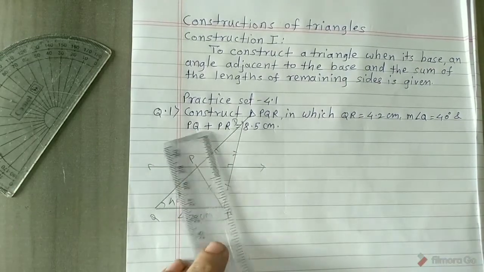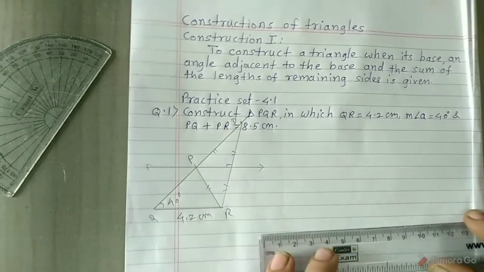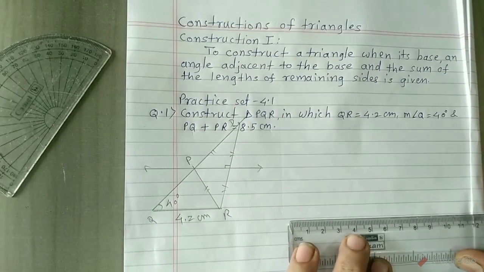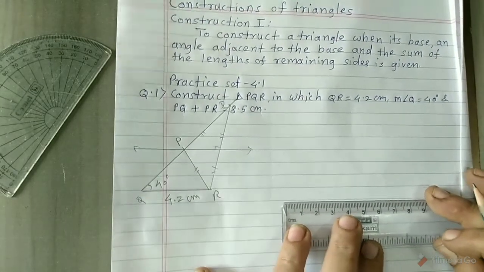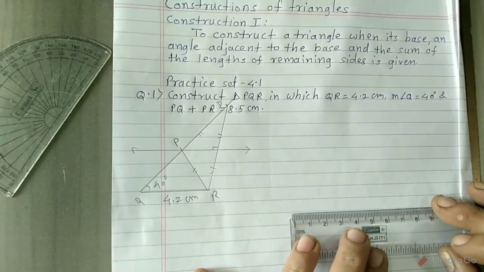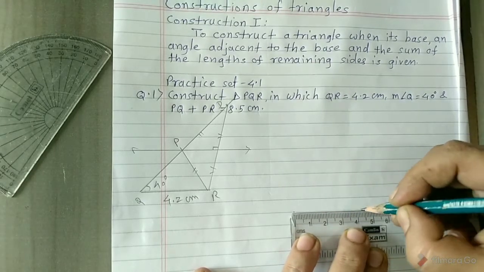Now we start our construction. First we draw the QR base side. So QR is 4.2.